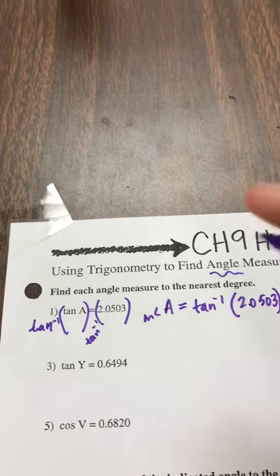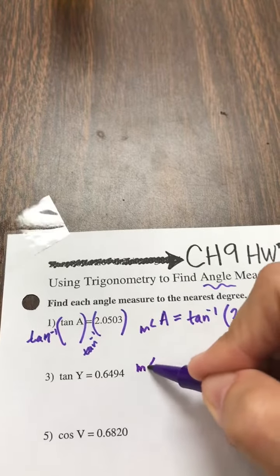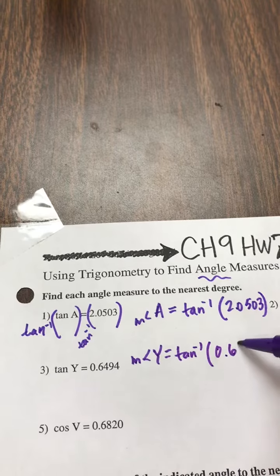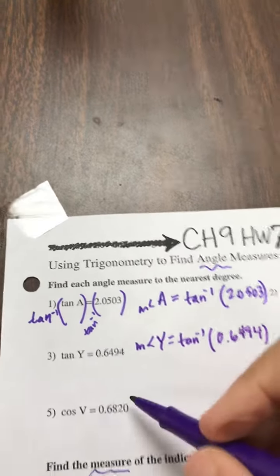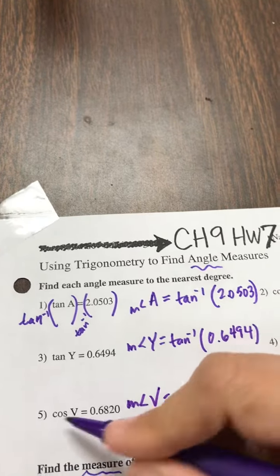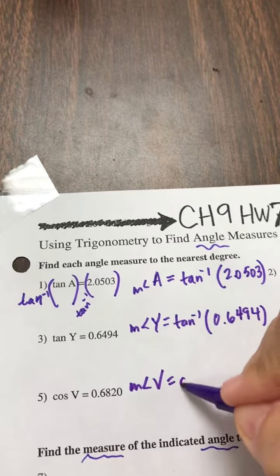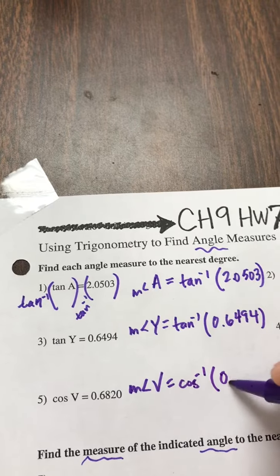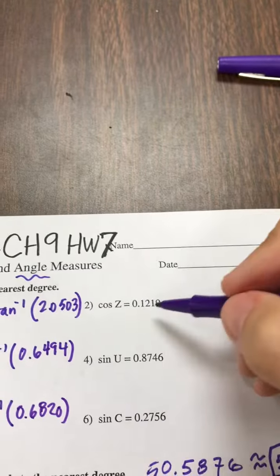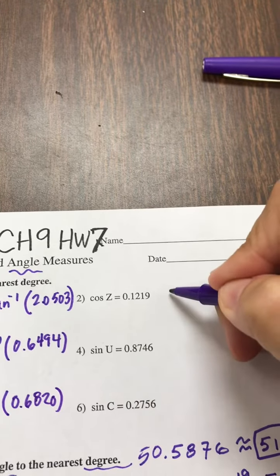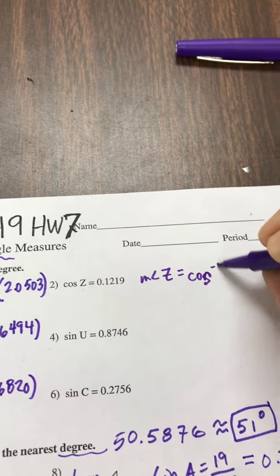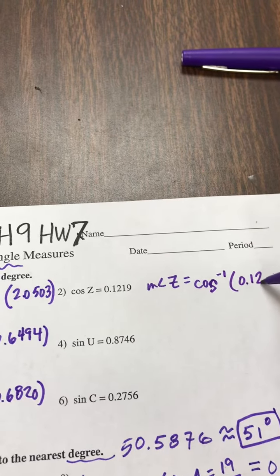Same thing here. If I took the inverse tangent of both sides, the measure of angle Y would be the inverse tangent of 0.6494. Here, the inverse cosine would give you the measure of angle V. Here, taking the inverse cosine of both sides, I would get the measure of angle Z, which would be the inverse cosine of this ratio or decimal.